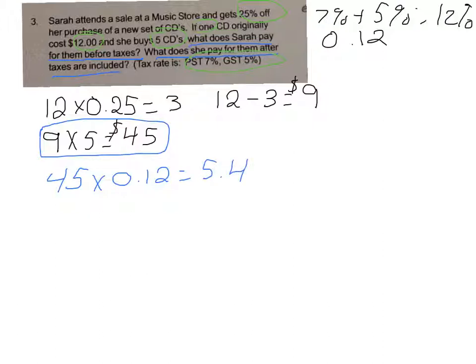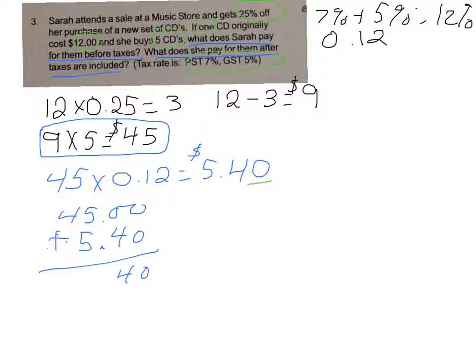Remember now, we are working with money, so I need to have 2 decimal places here, so that's going to be $5.40. So I add those together. I have $45, and I'm not going to times that, I'm going to add $5.40, and I'm going to come up with a total of $50.40.